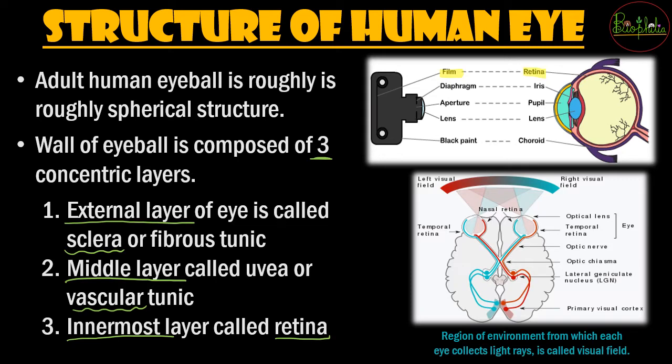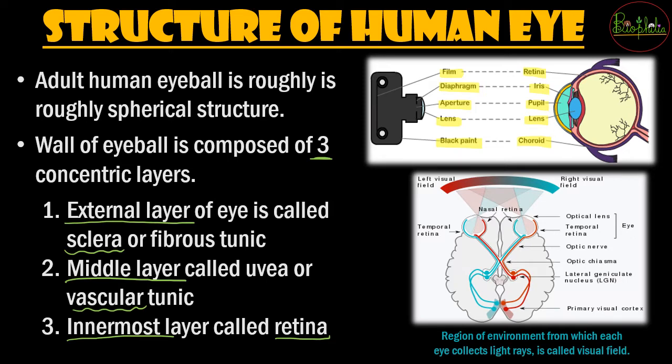That is जहाँ पे picture capture हो रहा है. जहाँ से diaphragm यानी focus कहाँ से हो रहा है, diaphragm से focus होगा, whereas in human eye iris is going to help in the focusing of the image, whereas aperture यानी जहाँ से light enter हो रही है, that is going to be the pupil, whereas lens remains the same, whereas the black paint जिसकी वजह से light reflections कम होंगे and that is nothing but the choroid layer. So you can very well understand how a human eye is nothing but the camera for the human body.